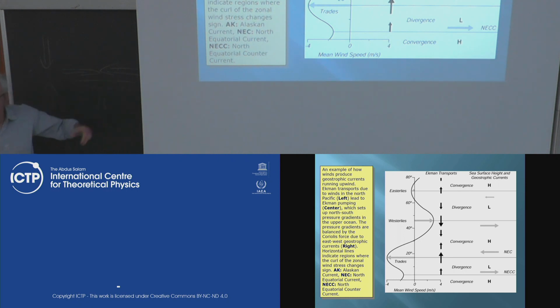Partly there is an extra volume which is accumulated where there is a convergence. So as a consequence of that, we'll have the bump at the sea surface.